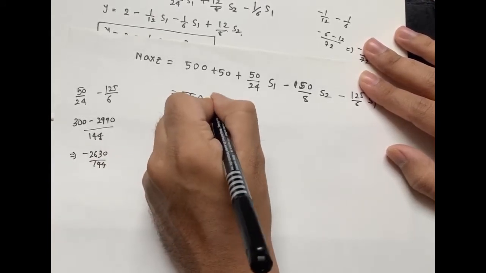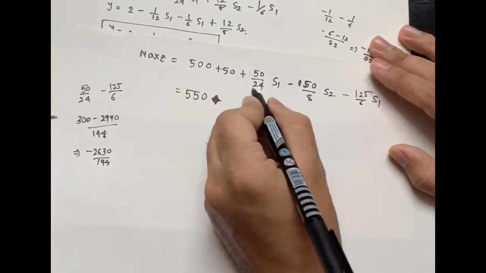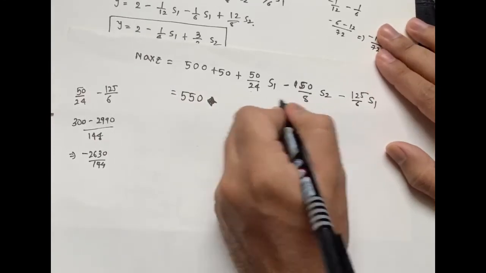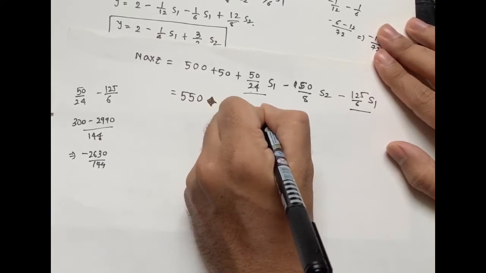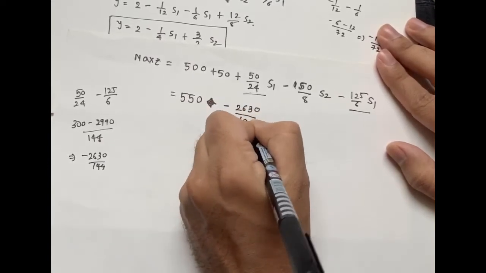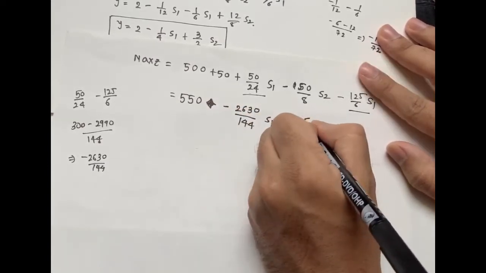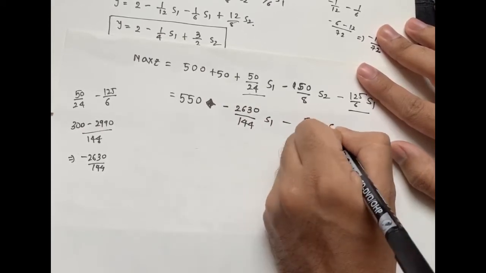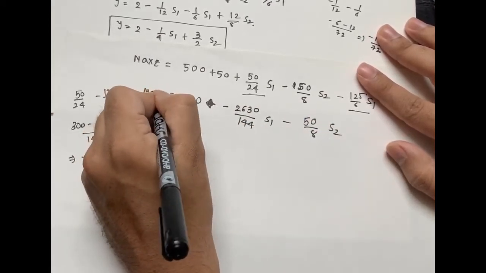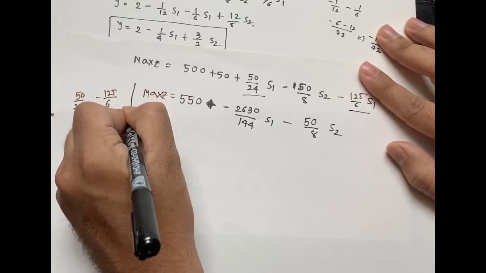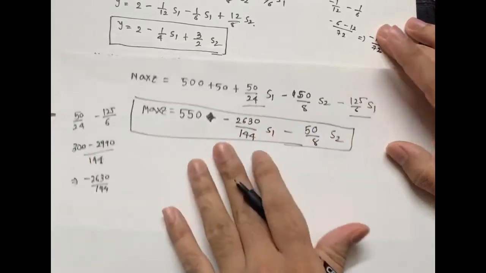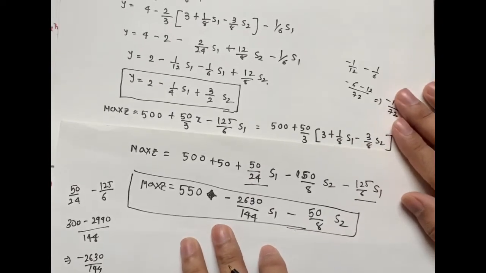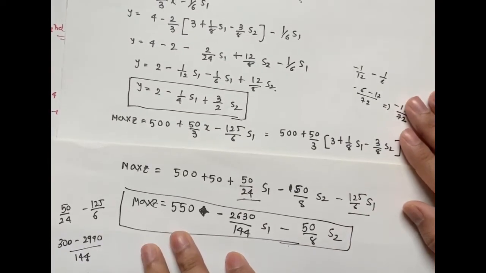So 550, and the simplification of this s1 I get as minus 2630 by 144 s1 and minus 50 by 8 s2. This is my max z. Okay, this is the third iteration. This is my entire third iteration.